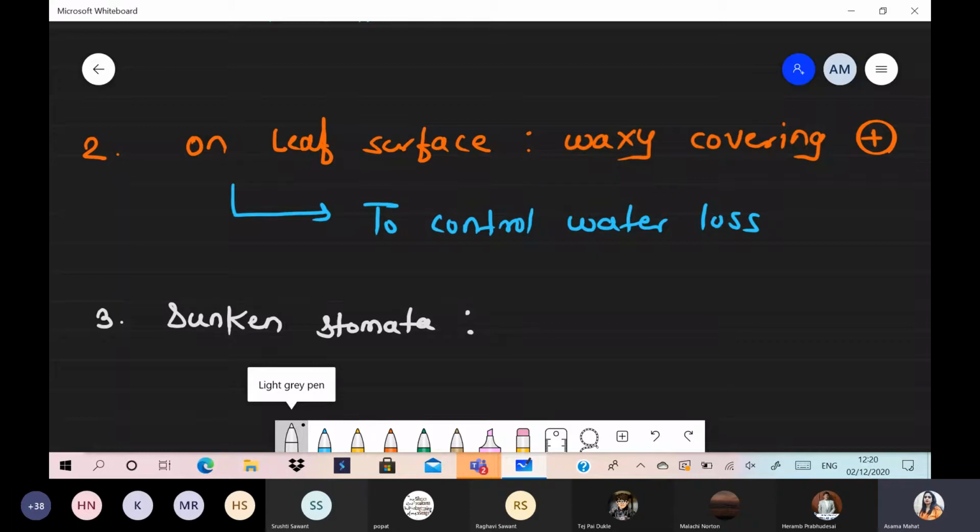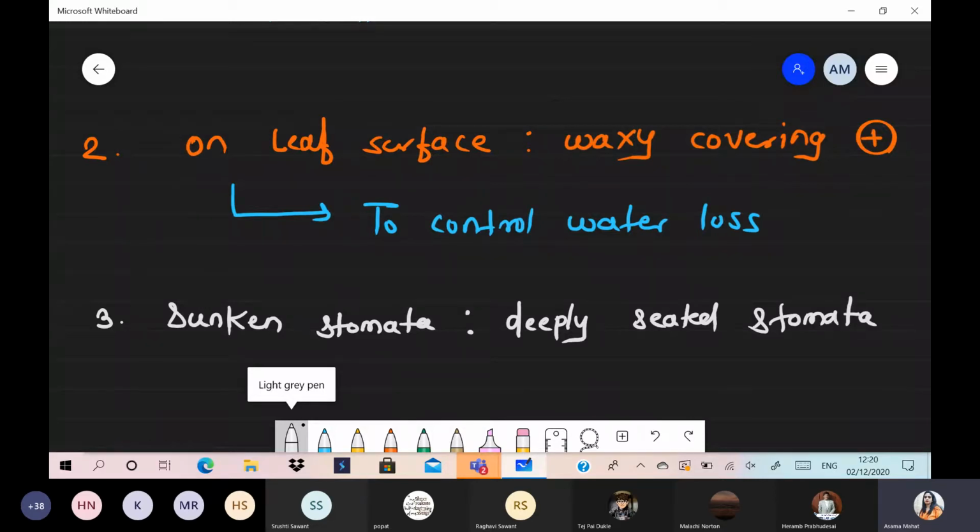Stomata are small pores present on the leaf and on the stem area. But here we are talking about sunken stomata. What is the meaning of sunken stomata? That is deeply seated, hidden stomata. Such stomata are called sunken stomata.